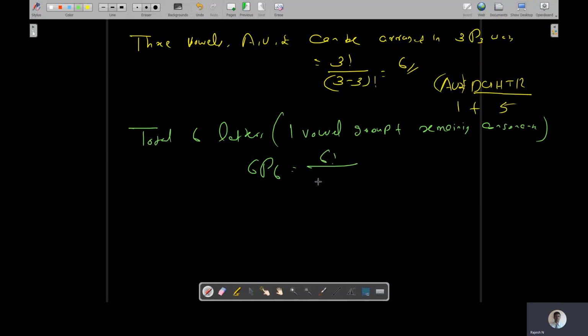So 6 factorial by 6 minus 6 factorial. 6 factorial is 1 into 2 into 3 into 4 into 5 into 6, which is 720. Now we have to find the total ways, so total ways is 720 into 6.